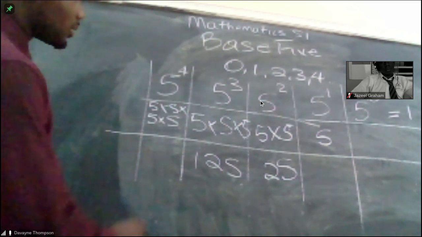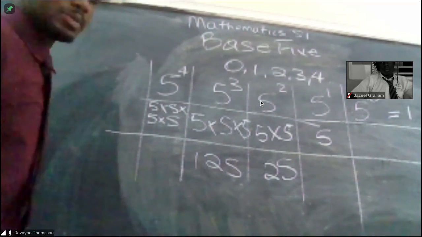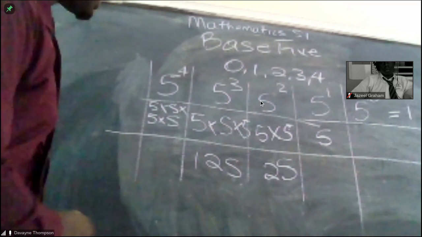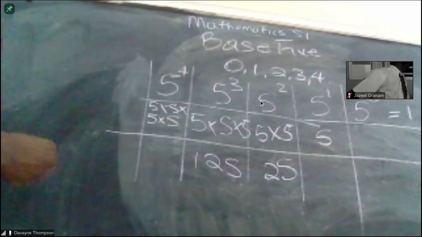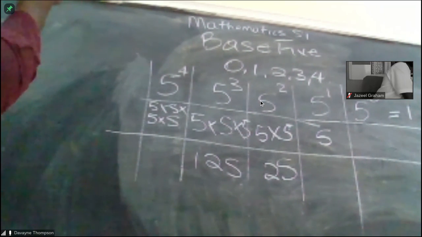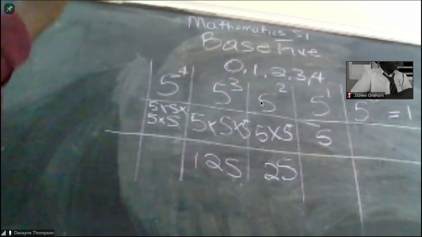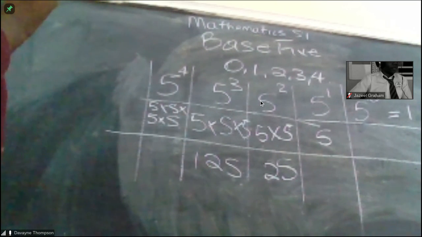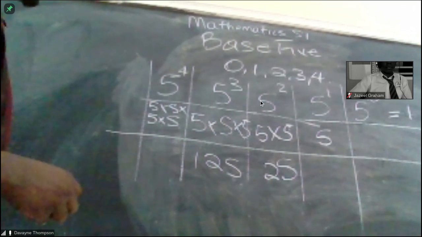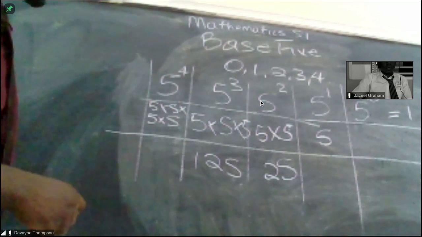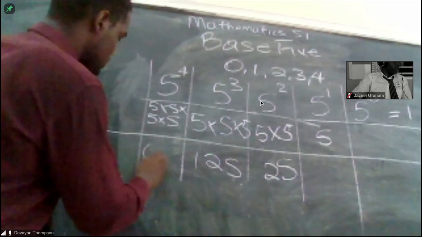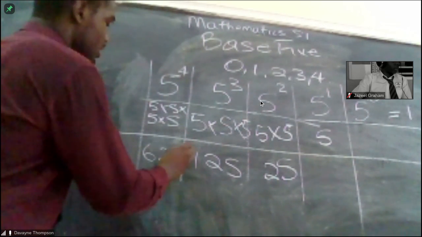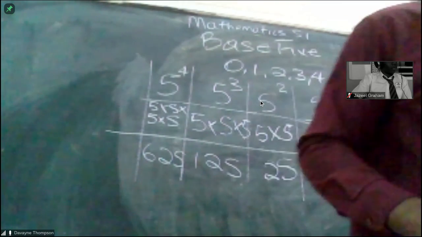In other words, we have 125 multiplied by 5. What's 125 multiplied by 5? Anybody? 625.